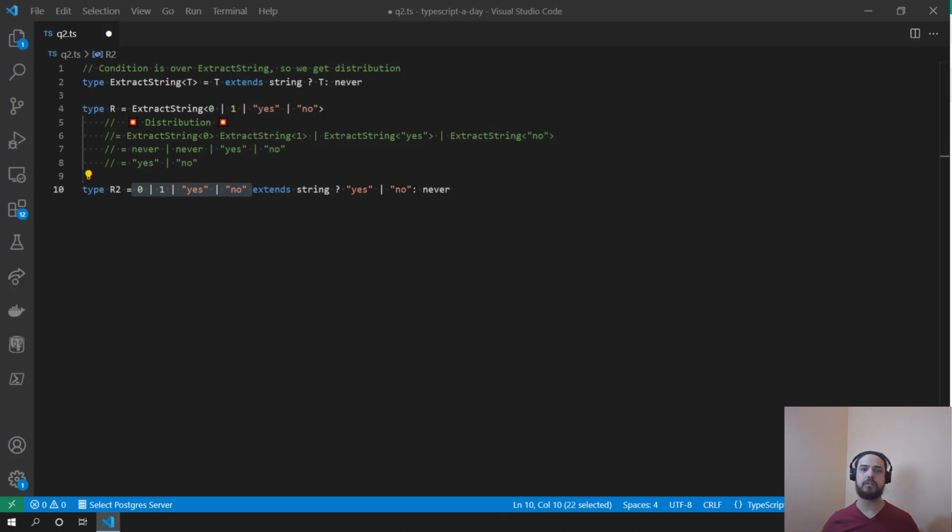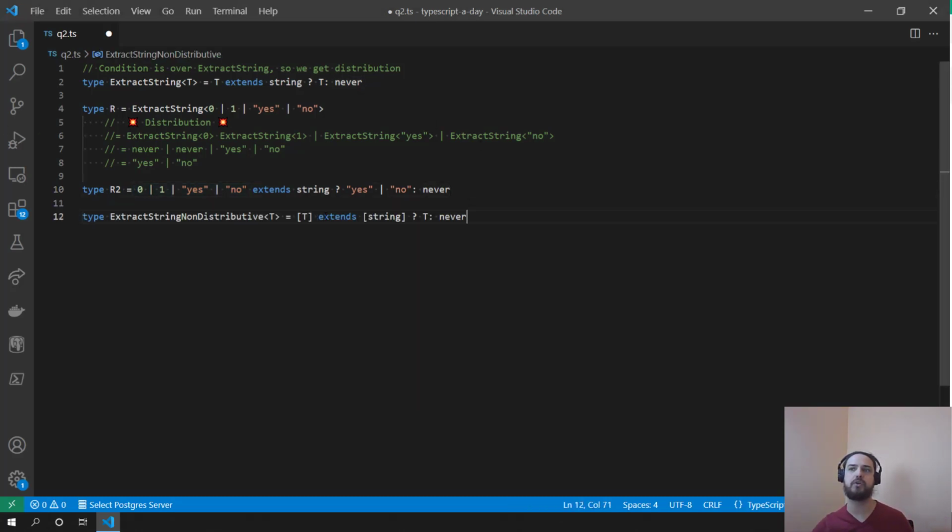We can even create conditional types that aren't distributed. For example, if we express the condition in a way that isn't a naked type parameter. For example, if we want to disable distribution, a common pattern is to put the type parameter in a tuple and then put the condition we're trying to test also in a tuple. So in theory, we would get equivalence here.